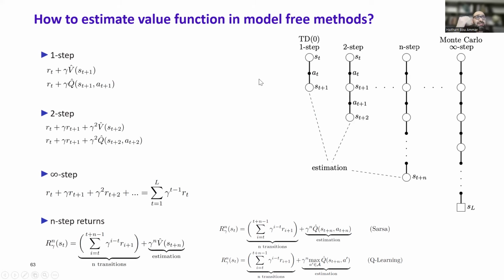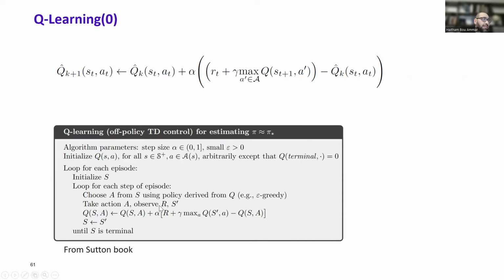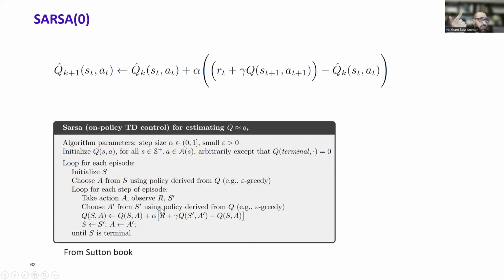Okay, so what's the difference here? The difference is what we observe and what we predict. If we go back to Q-learning, we were taking the action, observing the reward and only the successor state. Similarly in SARSA, we were taking the action and observing the successor state, but then we were taking another action in the successor state.